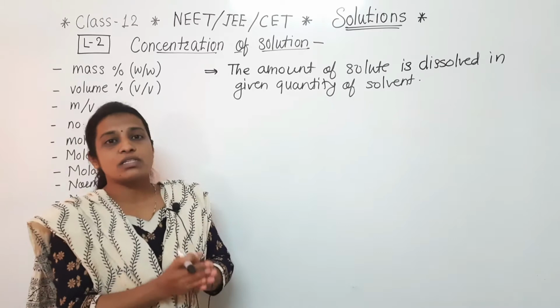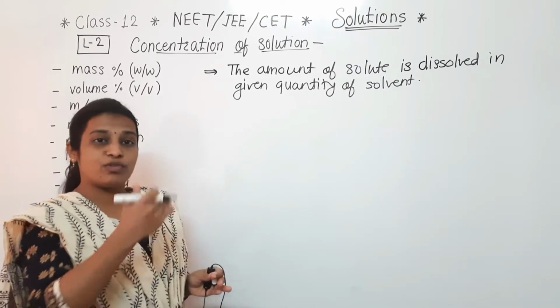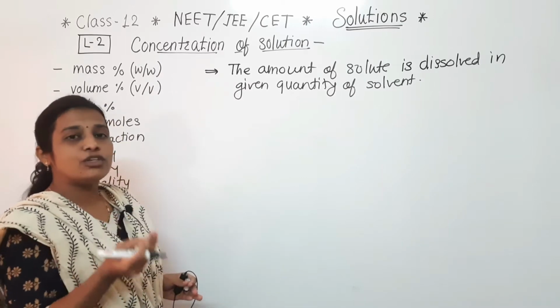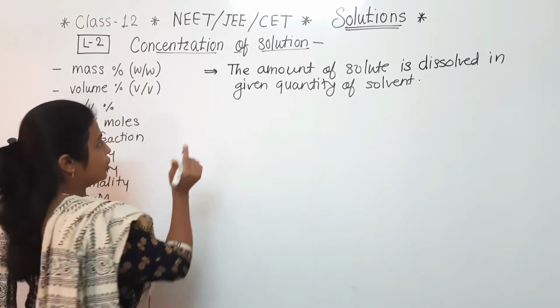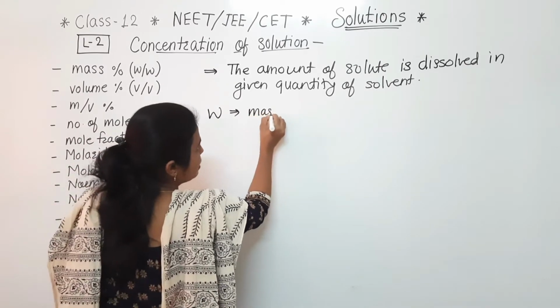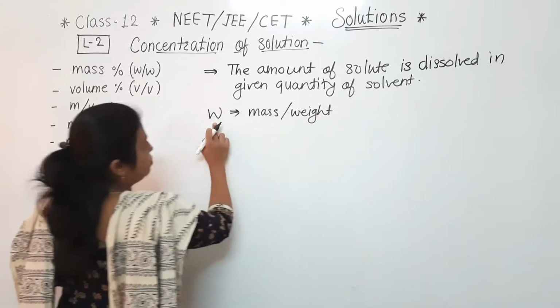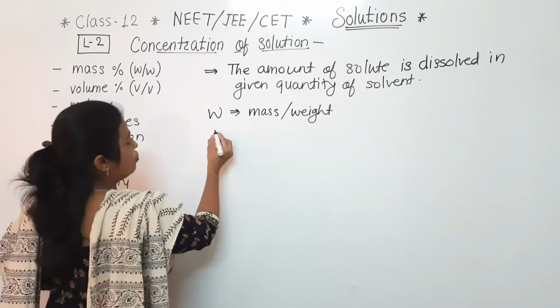So to express the concentration of solution, we have to use different terms. But before going towards those different terms, we should know some symbols. For example, W. This is the symbol for the mass or weight.